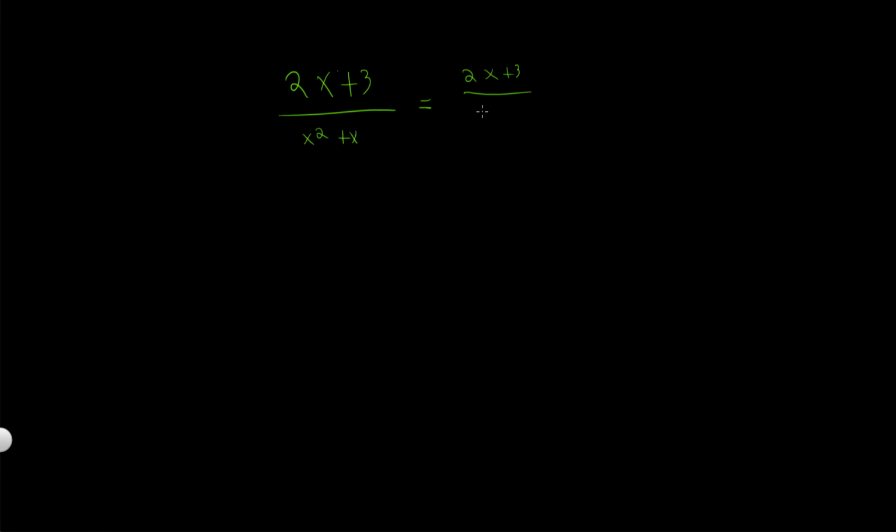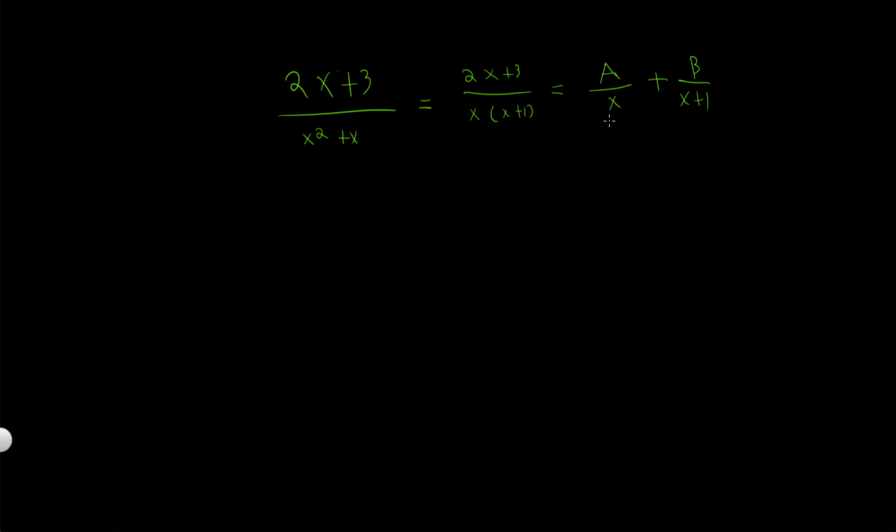We can factor the bottom as x times x plus 1, and we can let this equal some constant a over the first factor, x, plus some constant b over the second factor, x plus 1.